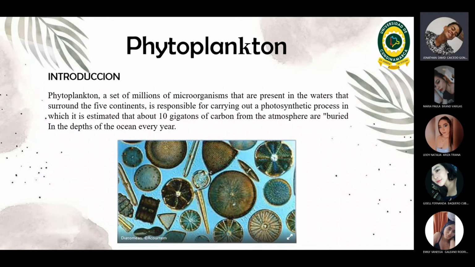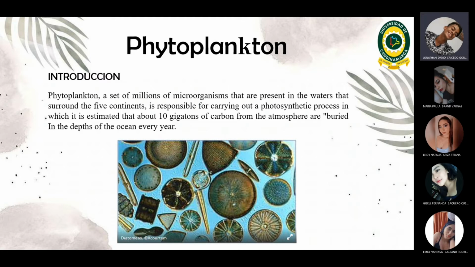For many, it may come as a surprise, but the truth is that most of the annual oxygen production on our planet, between 50% and 85%, does not come from terrestrial forests, but from ocean phytoplankton, a set of millions of microorganisms present in the waters that surround the five continents.